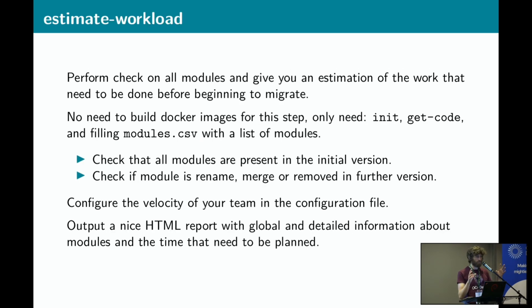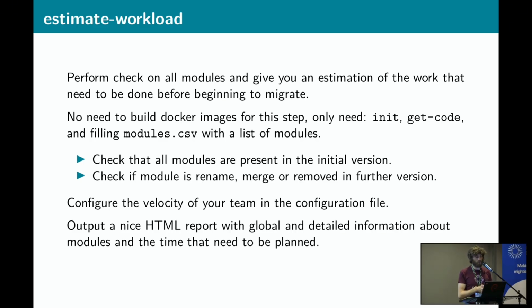And another little subcommand that is useful is estimate workloads. It's useful for two things. You can configure it to estimate the work you have to do for your database. So you list all the modules you have in the initial version in the module.csv file, then you run it, and it will search for all these modules in your environment, and then it will do that for each version, and it will estimate the time it will take you to maybe write OpenUpgrade scripts or migrate your module to the newer version, and you can configure your time.